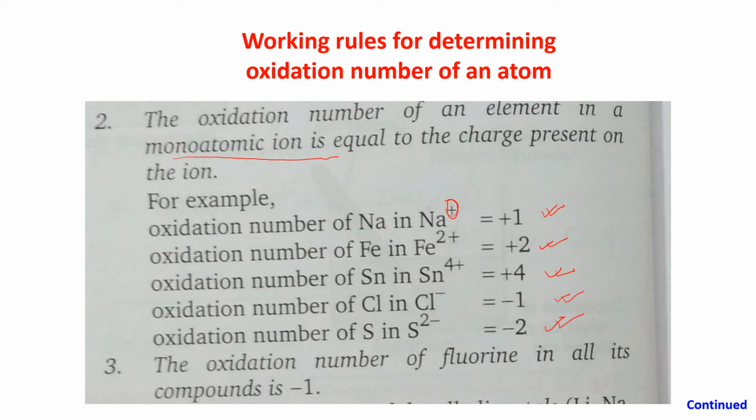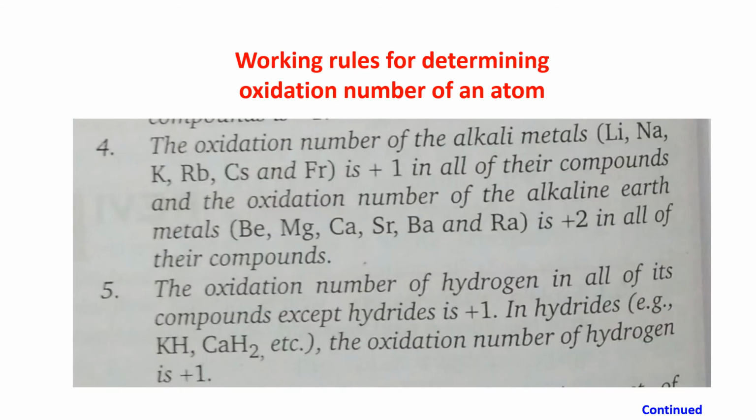Oxidation number of fluorine in all of its compounds is -1. Automatically this will come, children. You need not work very hard for remembering all these things. Number 4 rule. The oxidation number of alkali metals, lithium, sodium, potassium, rubidium, cesium and francium, is +1 in all their compounds.